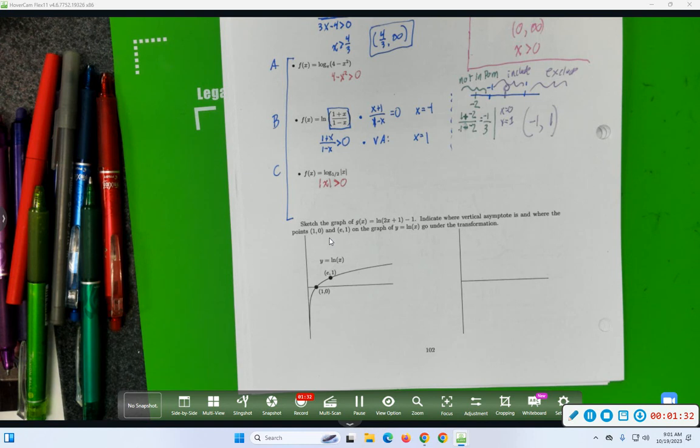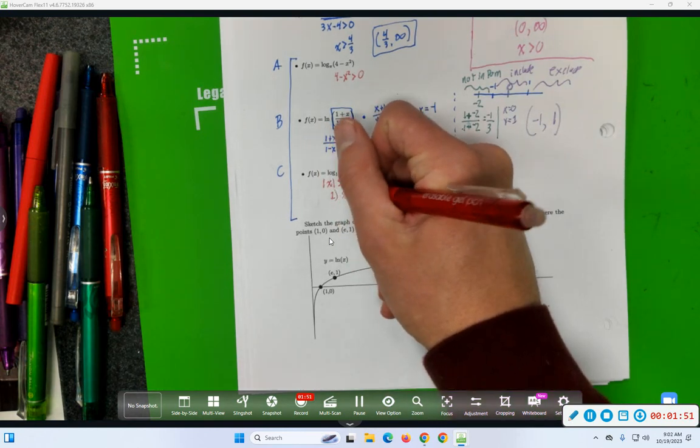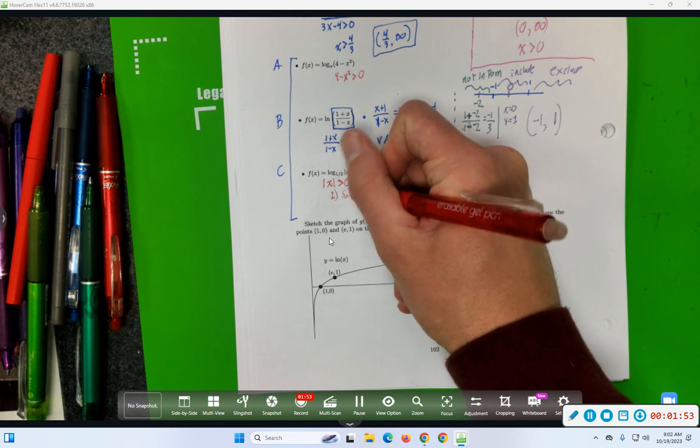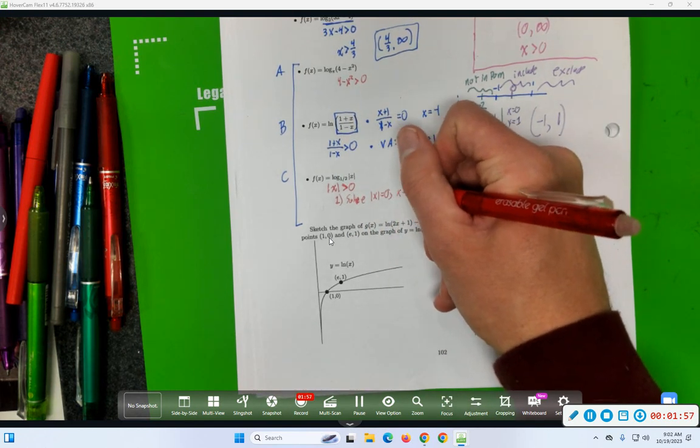And absolute value is more complicated than linear, so if you don't see anything more obvious to do, the thing you should try is figure out where it's equal to 0. Where is absolute value equal to 0? Just 0. So step 1, solve absolute x equal to 0. The only number whose absolute value is 0 is 0.